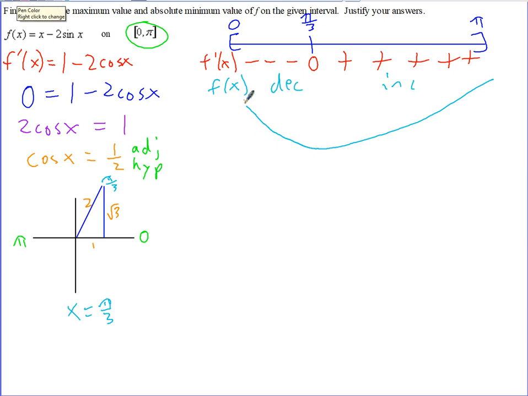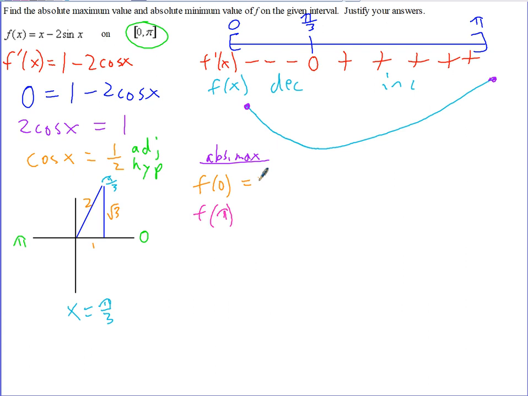The maximum could be at 0 or at pi, one of the endpoints. So we have to compare those two. So compare f of 0 with f of pi. Largest if we're looking for the maximum.